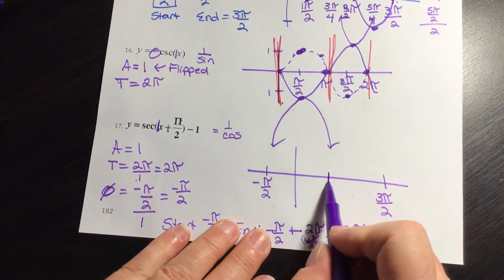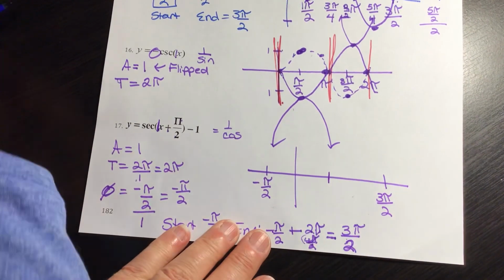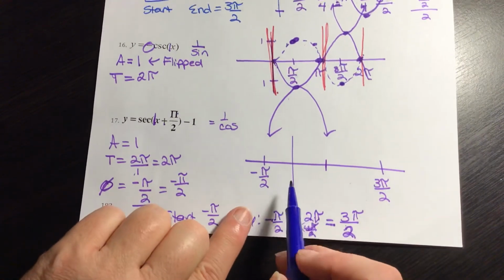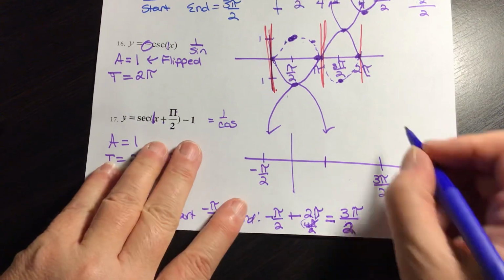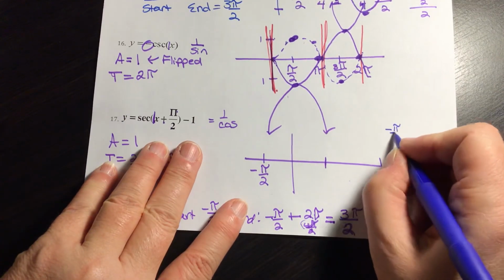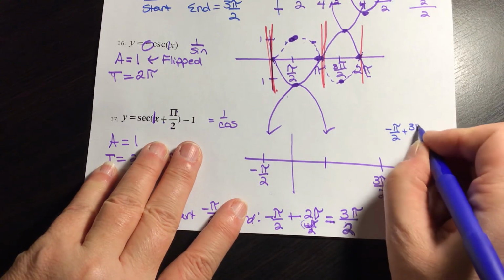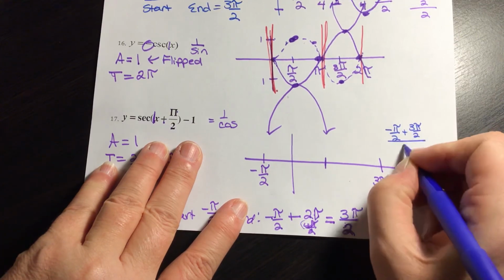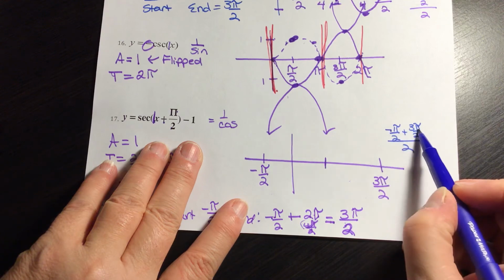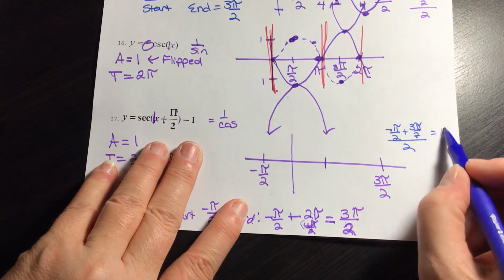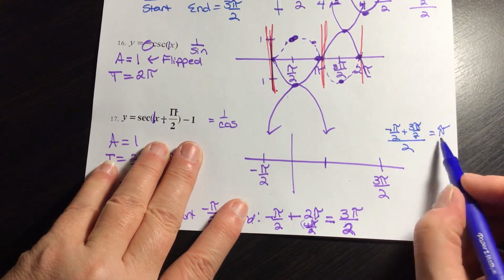Now I got to get halfway. So to get halfway, I need the midpoint. So I'm going to add them up, divide by 2. So I have negative pi over 2 plus 3 pi over 2, divided by 2. So this is going to be 2 pi over 2, which is just pi, on top divided by 2.